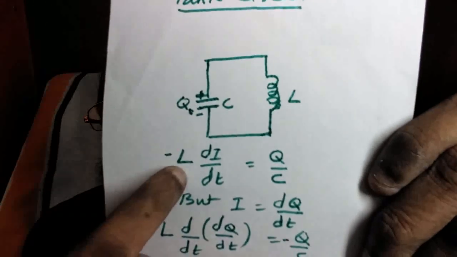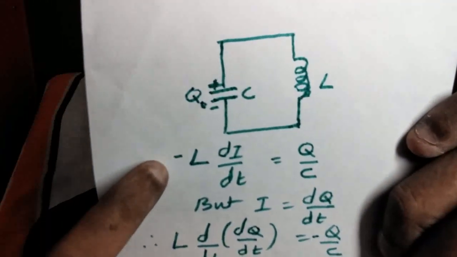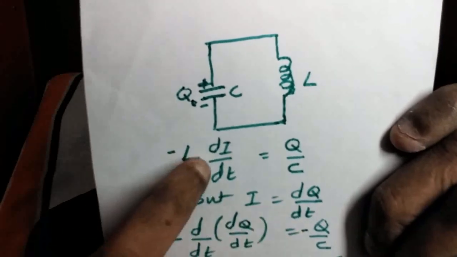That counter EMF is given by minus d phi by dt. Now, the flux linkage associated with a coil is phi equals L into I when the current is I, where L is the constant called self-inductance. According to Faraday's law, the self-induced EMF or counter EMF is minus d phi by dt.